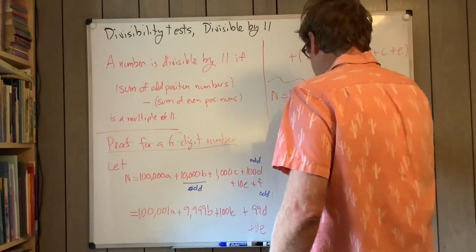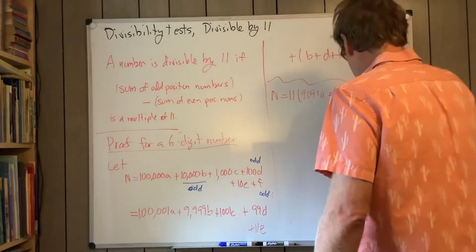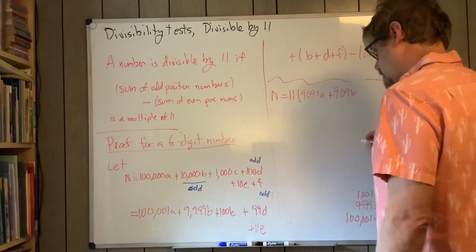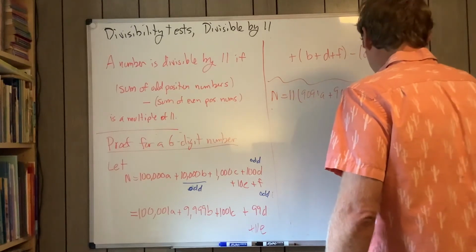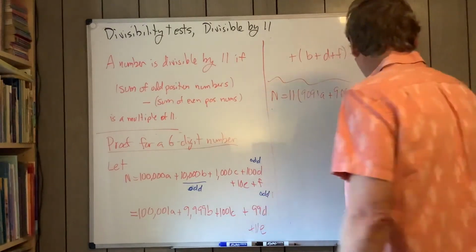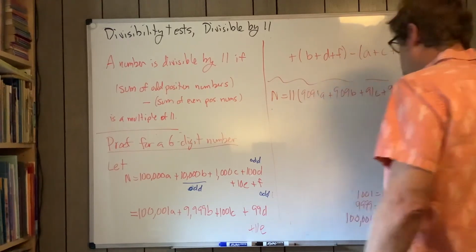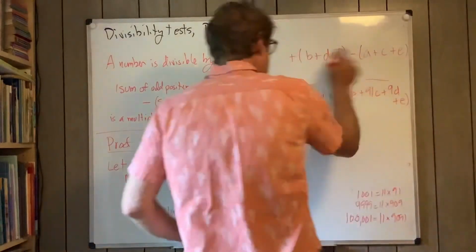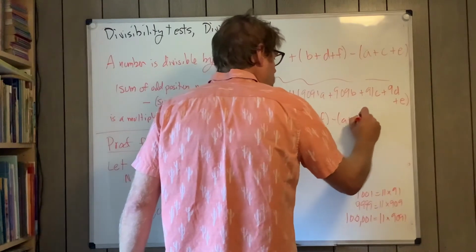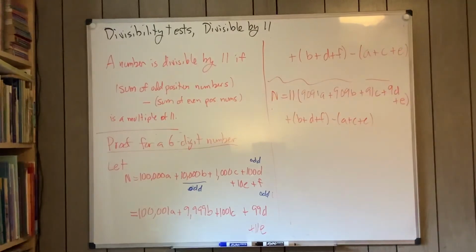So 9091A plus 909B, 0, 91C, that is 91 times 11, 9D plus E, plus the stuff that I have up here.